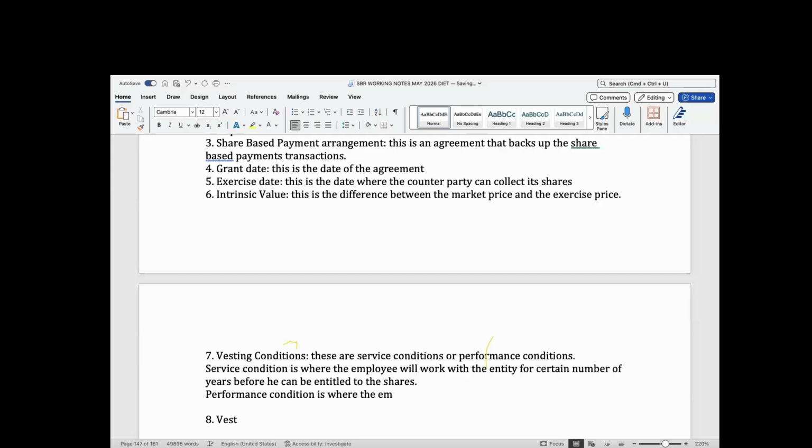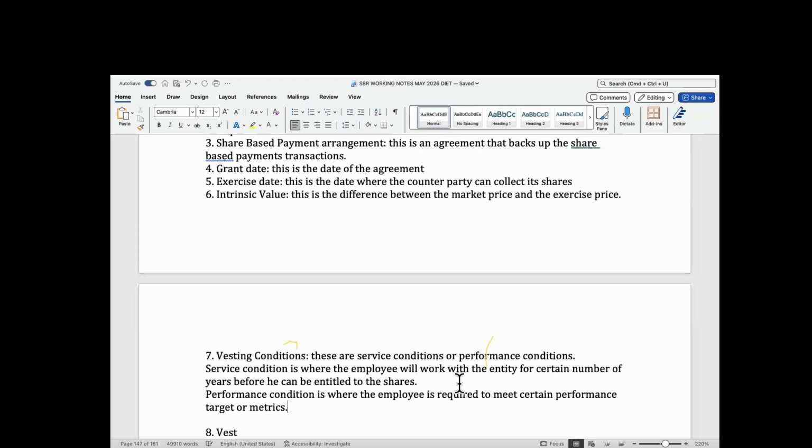And there are performance conditions, where the employee is required to meet certain performance targets or metrics, either sales targets or profit targets or volume targets.